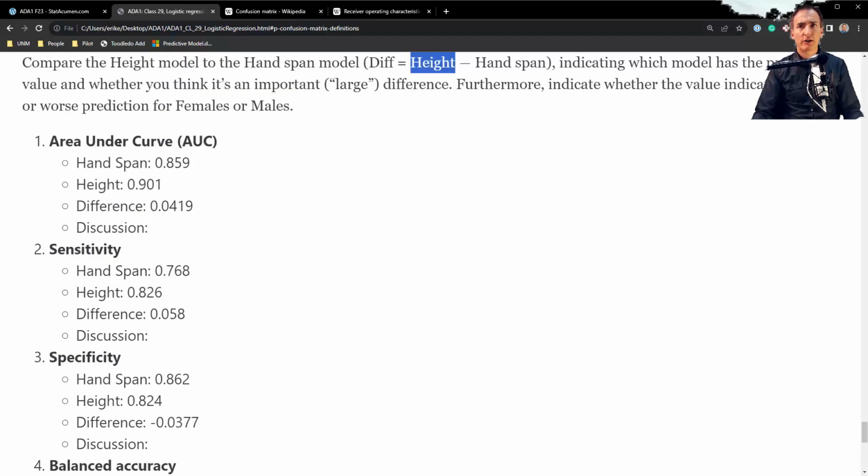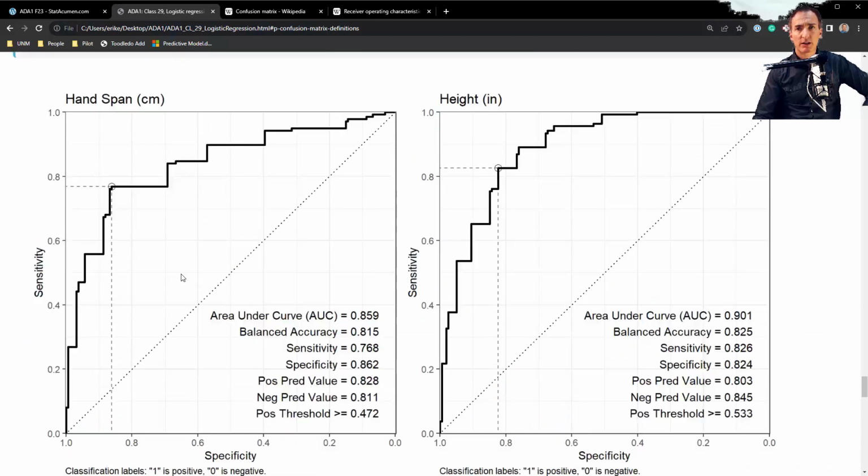Okay, so for area under the curve, we want to discuss their overall size and how much different they are, and whether that leads you to prefer one model over the other. In this case, they're both pretty high, close to about 90% area. This is a unit square. The height is 1 unit. The width is 1 unit.